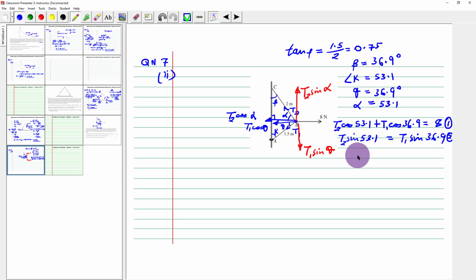Now from the second equation, let me use the substitution method. I can make T2 the subject. I can have T1 sine 36.9 over sine 53.1.